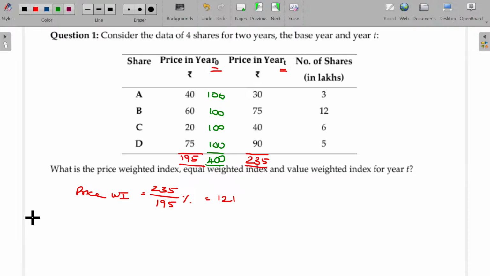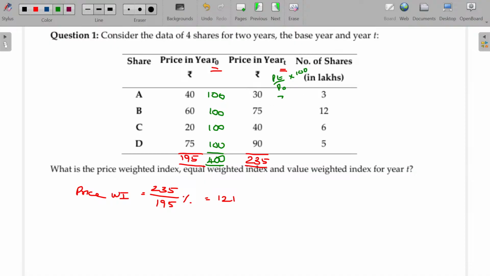If I purchase shares in A for 100 rupees, what could be today's value? The price 40 becomes 30. Then if you purchase for 100, your amount may be 75 only. Cross multiply that. 40 rupees becomes 30 rupees means 100 rupees should be how much? 30 by 40, otherwise price T divided by price 0 into the 100 rupees you invested.